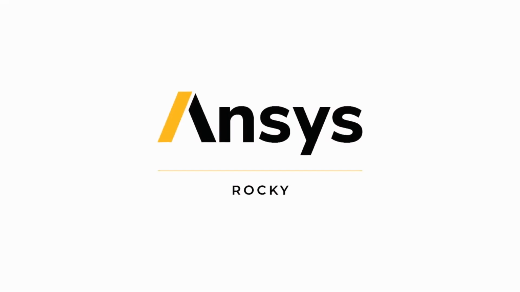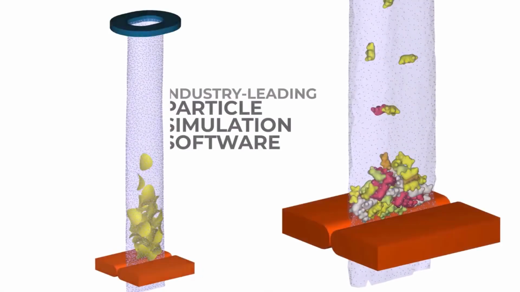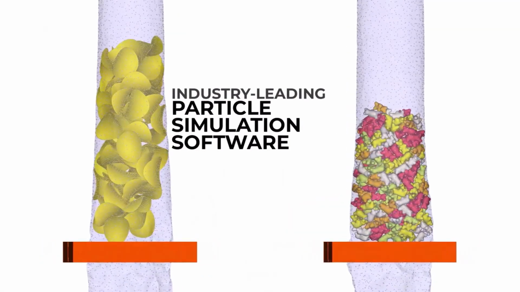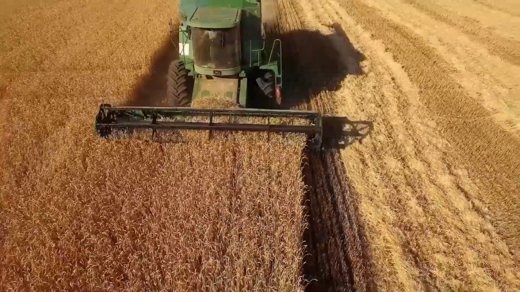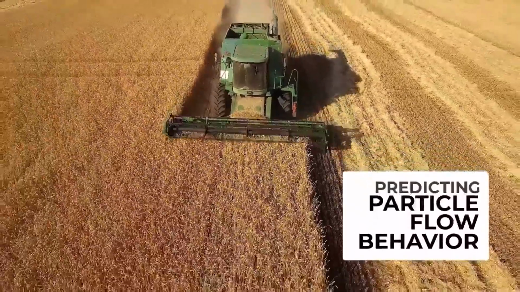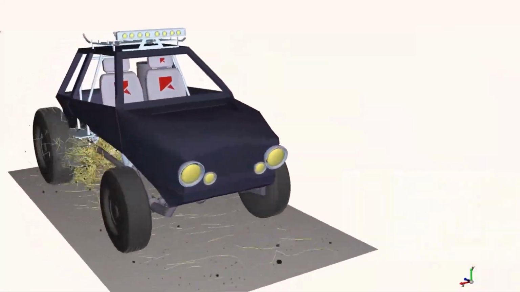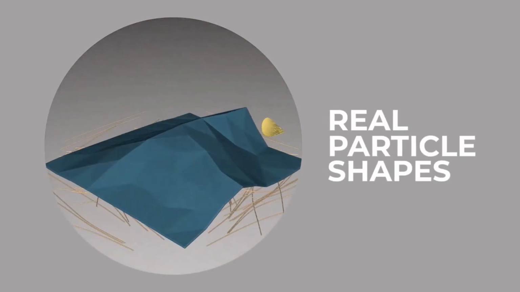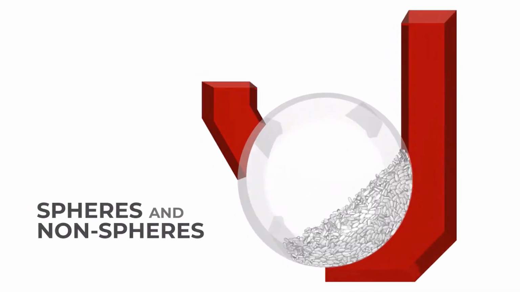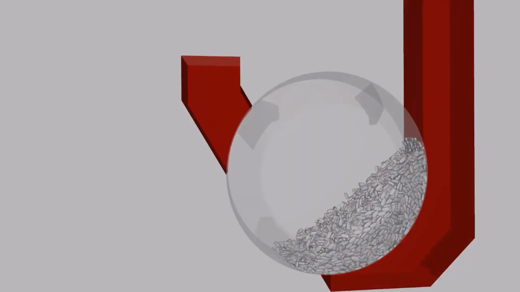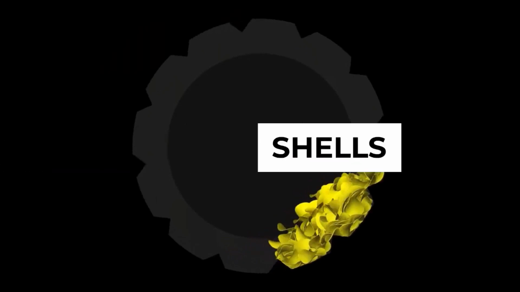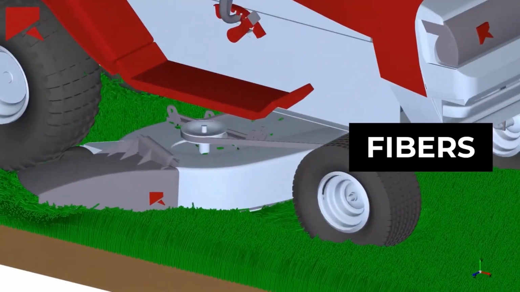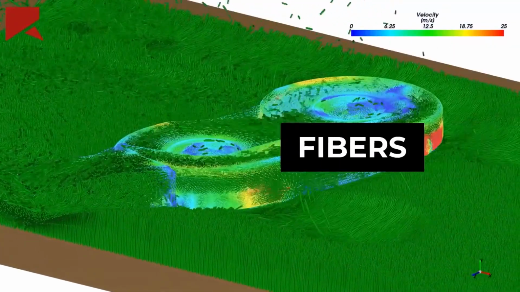Ansys Rocky is the industry-leading DEM, discrete element method software that quickly and accurately simulates particle flow behavior. It provides key insights to improve your particle flow and solid handling processes. Ansys Rocky enables you to simulate a system with real particle shapes and size distribution, both spherical and non-spherical particle shapes, including shells and fibers of any length, flexible or rigid and breakable.